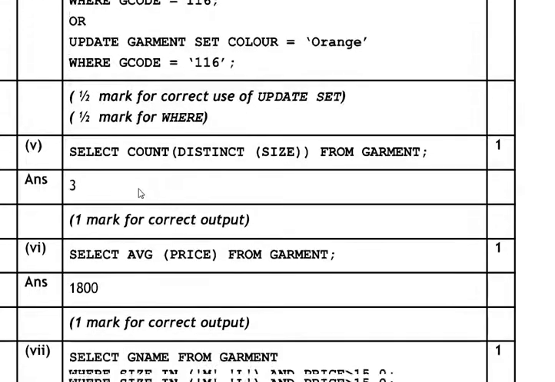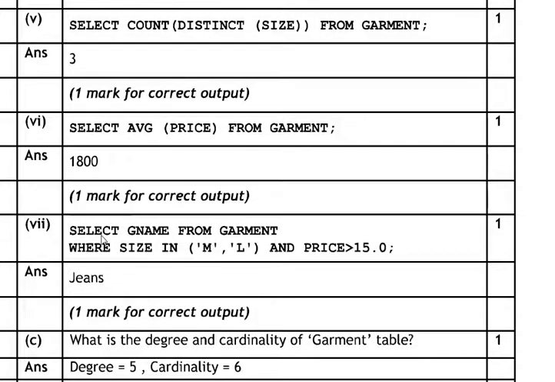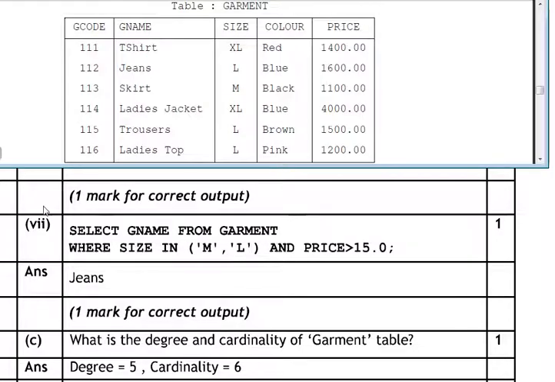Now let's move to our next question, that is SELECT G name FROM garments WHERE size IN ('M','L') AND price > 15. This is also a very straightforward question. Let's check the output. We have SELECT G name FROM garments WHERE size IN M and L. If you filter the first condition, you get this one, this one, this one and this one.